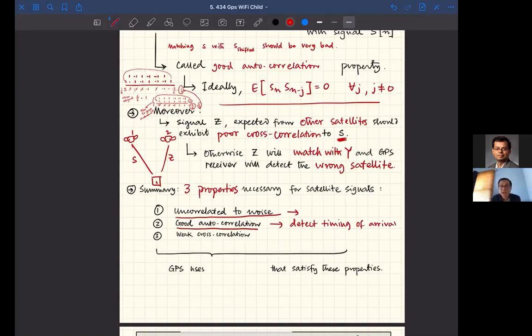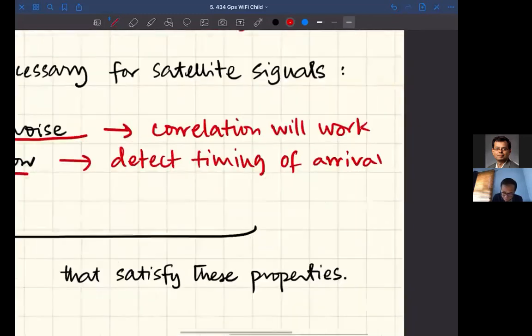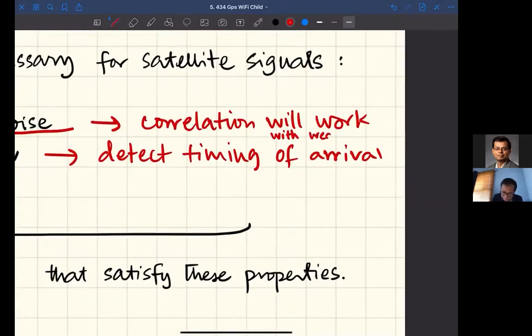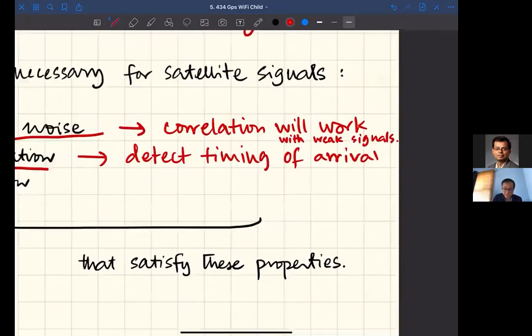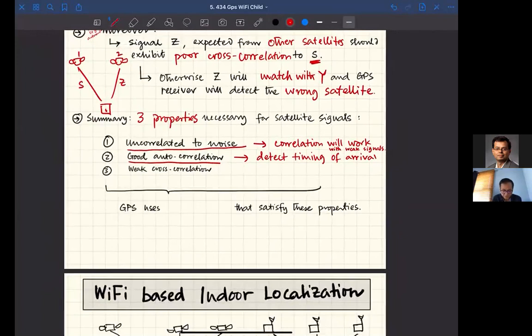Uncorrelated to noise means correlation will work with weak signals. Remember, satellite signals are weak. So correlation will work better with weak signals. Good autocorrelation means detect timing of arrival, and weak cross correlation means no confusion with wrong satellite.